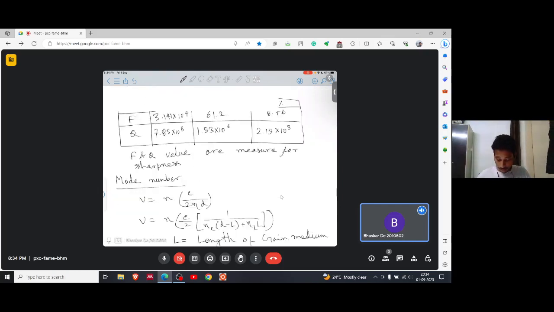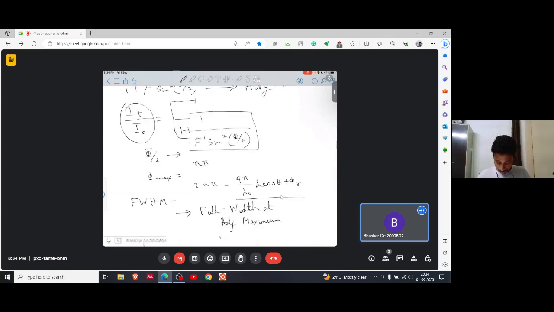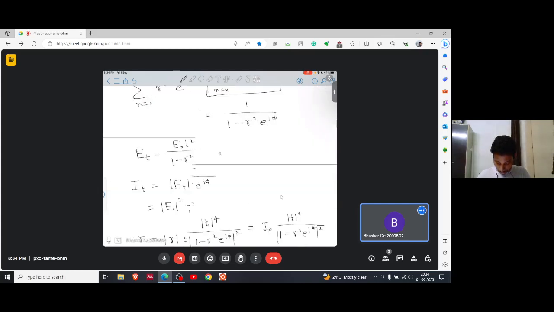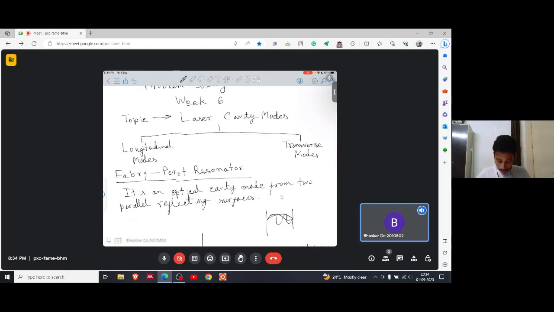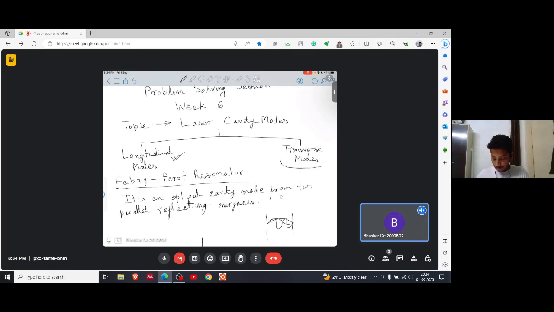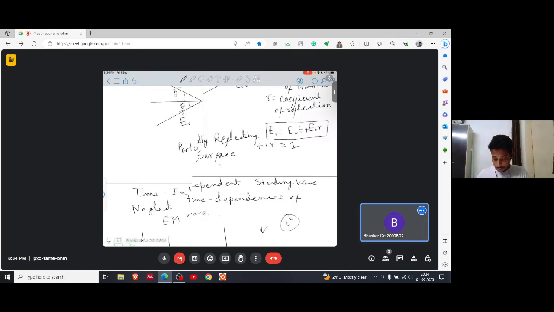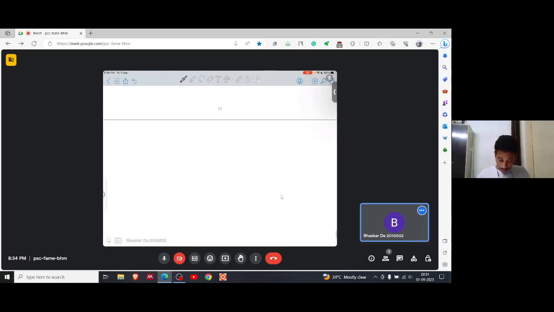But at the starting of the class I mentioned the transverse mode.